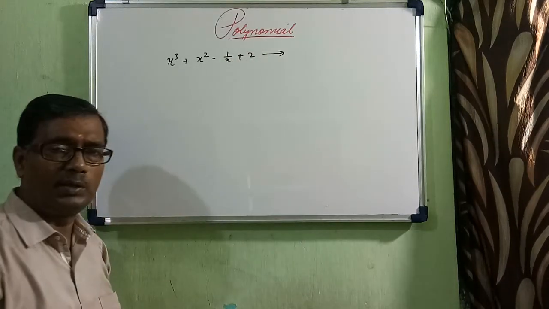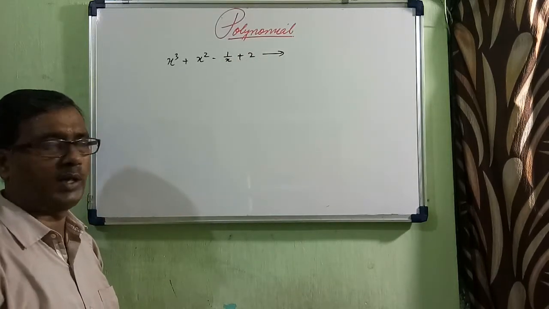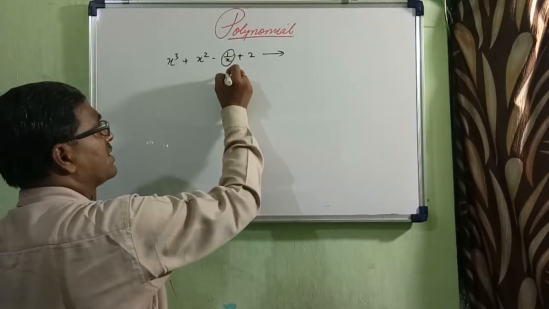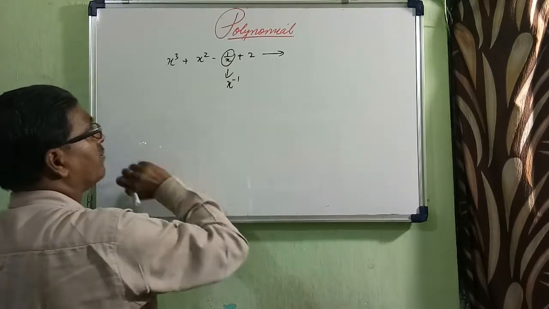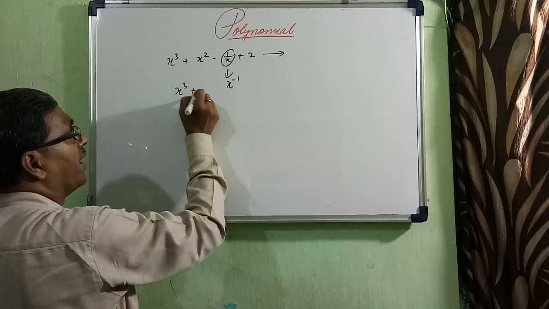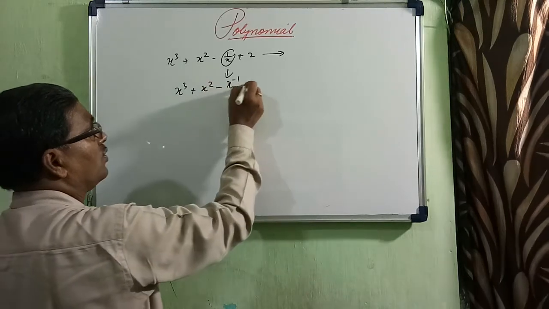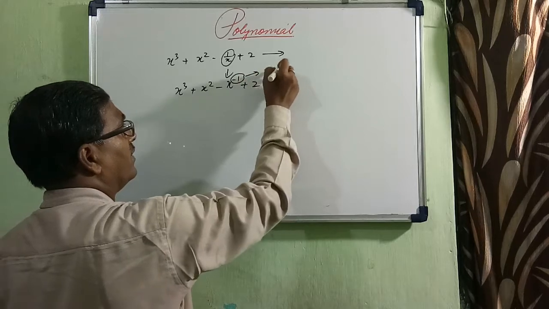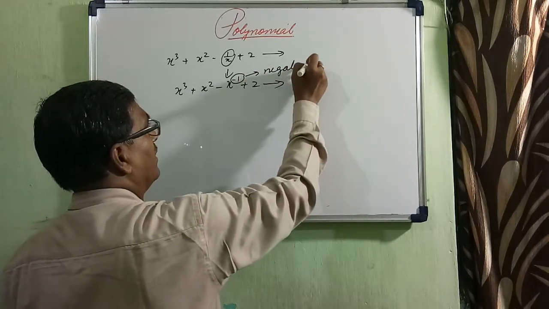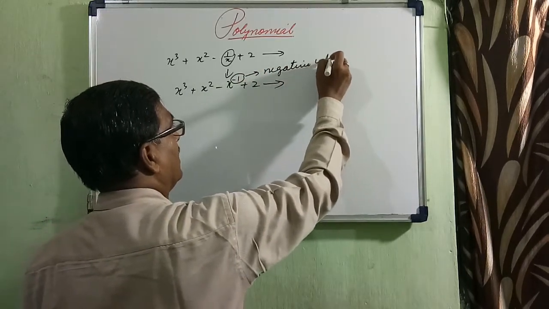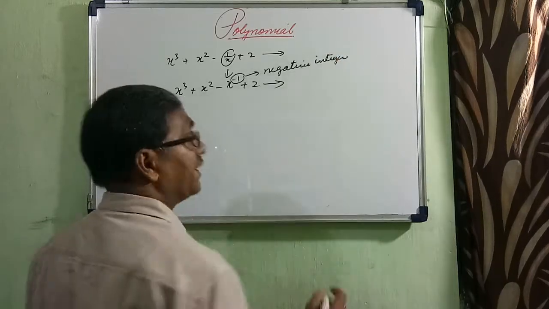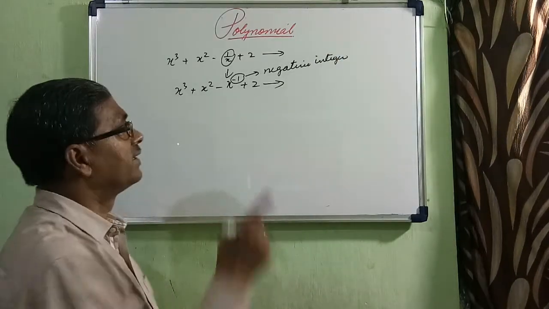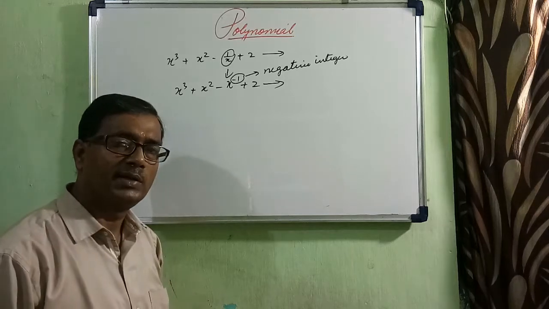Is it a polynomial? No. Why? This 1 by x can be written as x to the power minus 1, which is a negative integer, but it should be a positive integer. That's why we will not call it a polynomial.